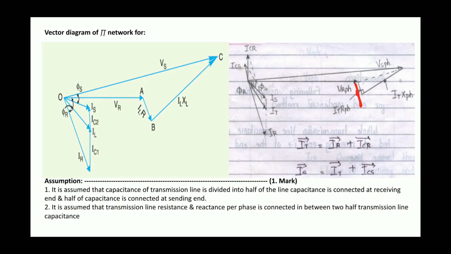Next is the drop which occurs in the inductor in this diagram, which is Vx, the voltage drop across the inductor, equal to IT into XPH.